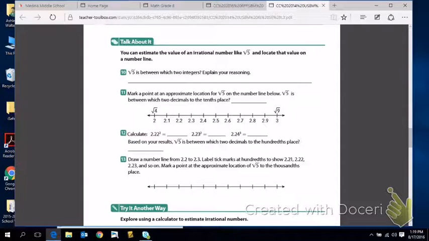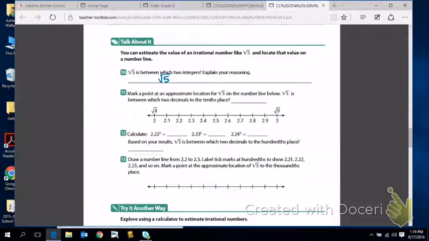Next, we have some guided practice. It says that you can estimate the value of an irrational number like the square root of 5 and locate the value on a number line. First, we want to know that the square root of 5 is between which two integers, and explain your reasoning. In order to find this, we'll compare it to its perfect squares.